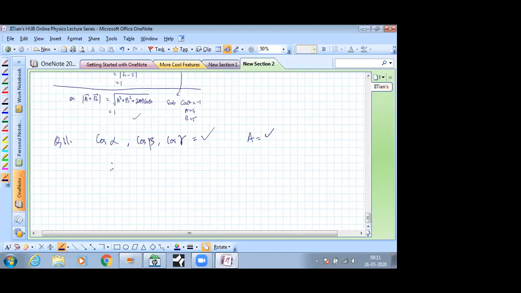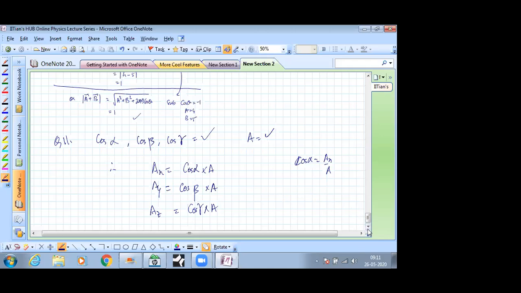Therefore, x component will become cos alpha into mod A. Y component will become cos beta into mod A, because that was the definition of direction cosine. No? So इसको invert कर दो, like that Az becomes cos gamma into mod A. So now just substitute the values, you'll get the components.